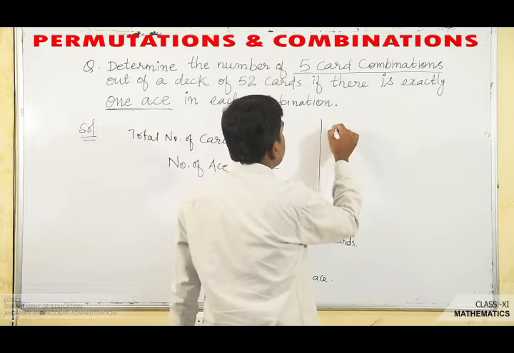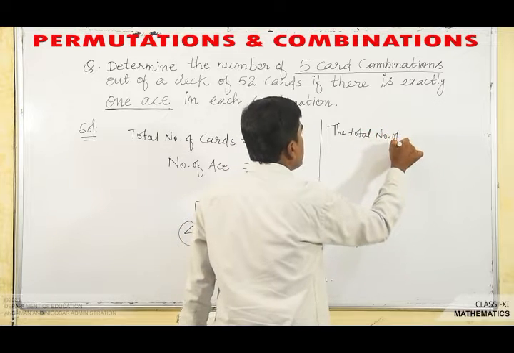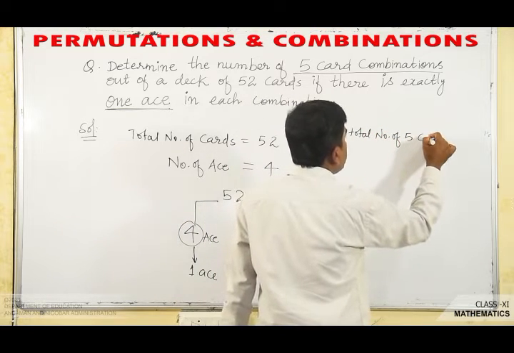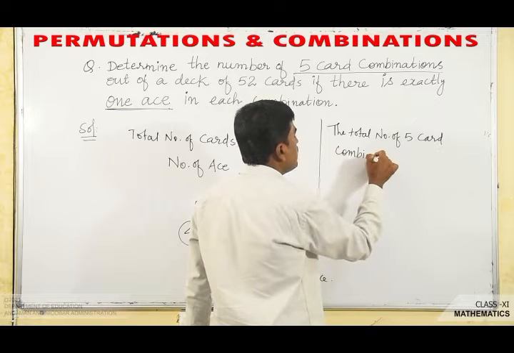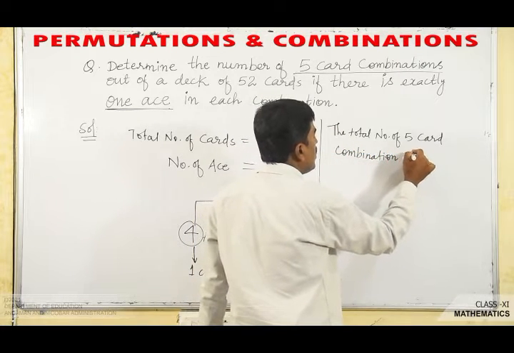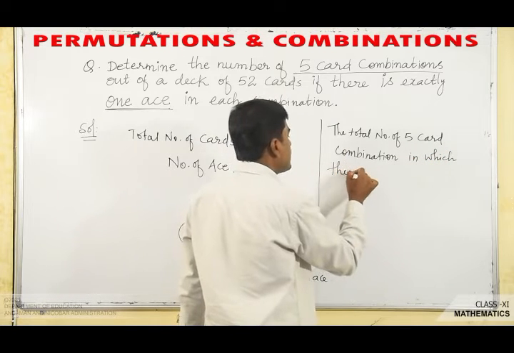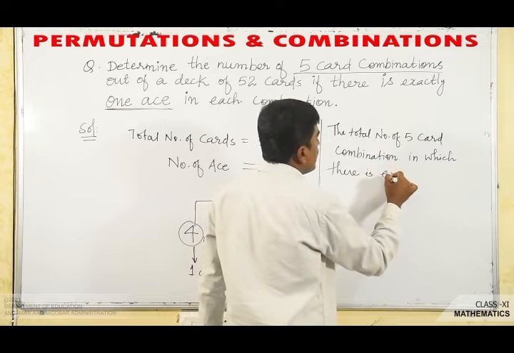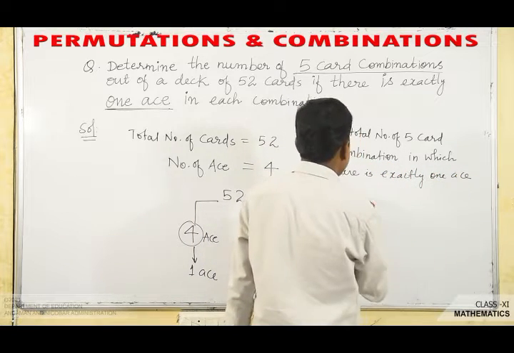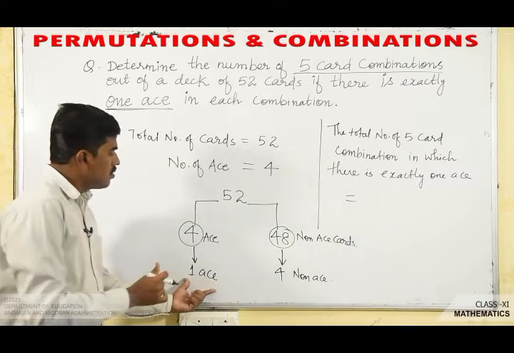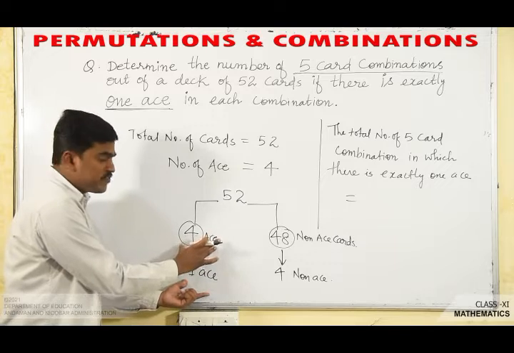So the total number of 5 card combinations in which there is exactly one ace is equal to, now you see in how many ways we can select this one ace card out of these 4 ace cards.